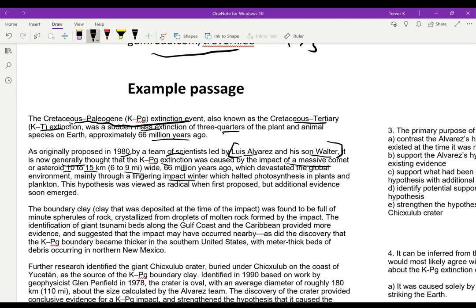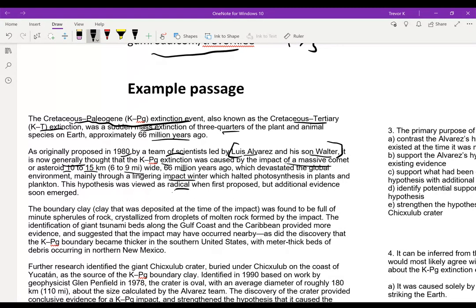Okay, so Luis and Walter Alvarez, along with now people in general, think that it was a comet or asteroid 66 million years ago, which caused an impact winter, which I guess there was an impact and then a winter.